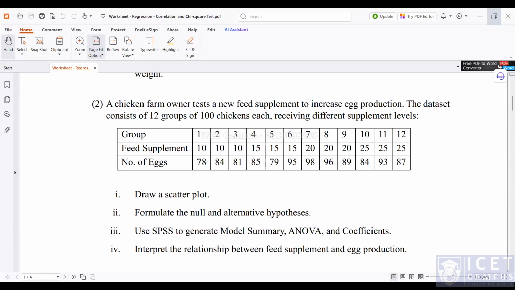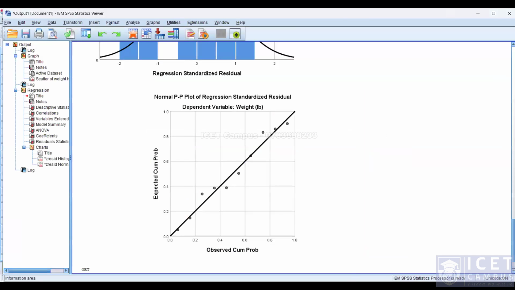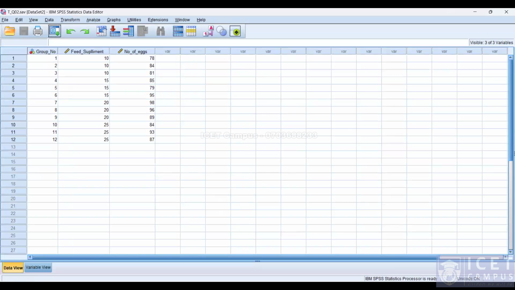Then, the first thing is you have to draw a scatter plot. This is the data set, so we can enter it.